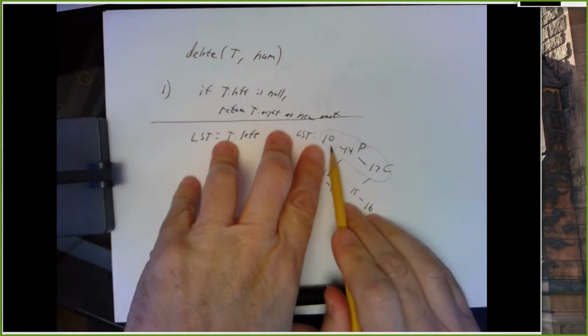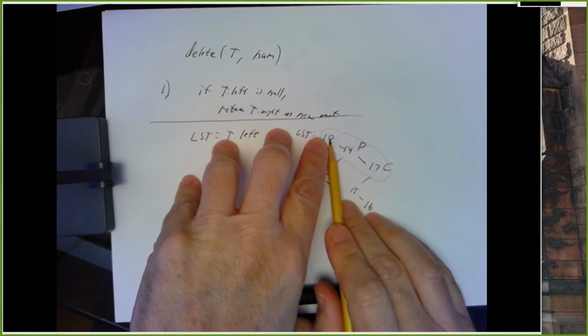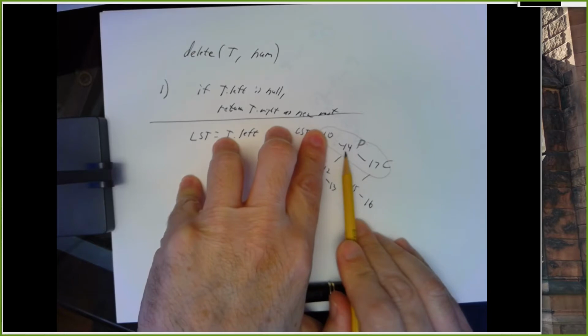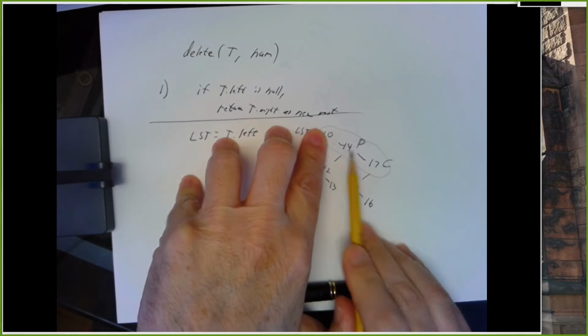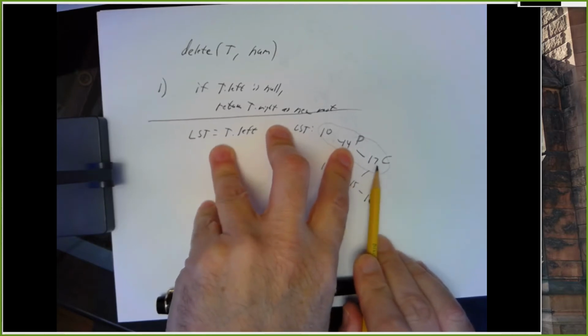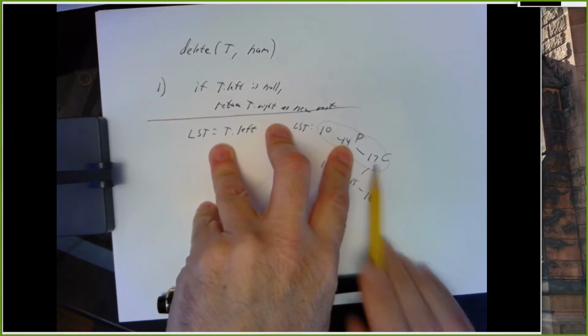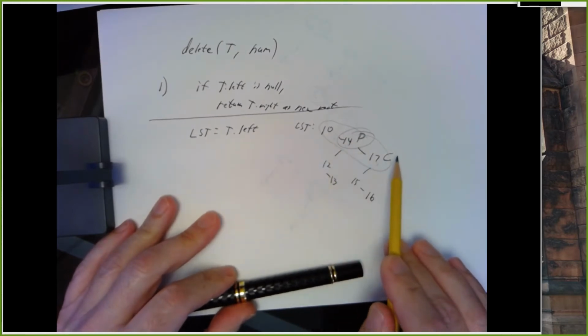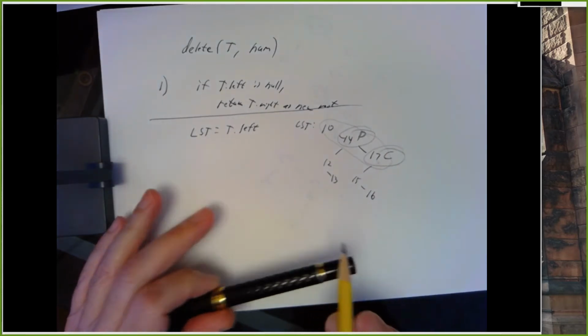We're going to start off with this 10. And assuming it has something on the right, we'll make this current and this previous. Assuming there's something to the right of that, we'll move current to here and previous to here. And we'll keep doing that until there's nothing to the right of current. And at that point, we've got two pieces of information. This is the parent of the largest node, and this is the largest node.